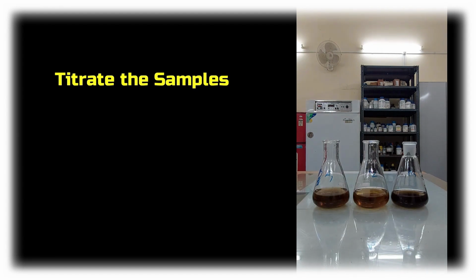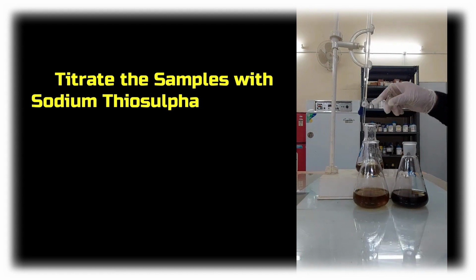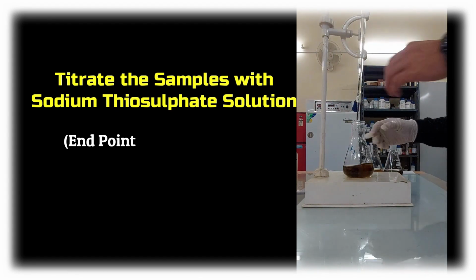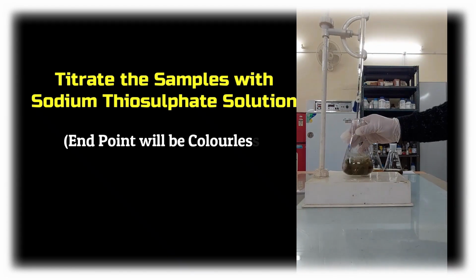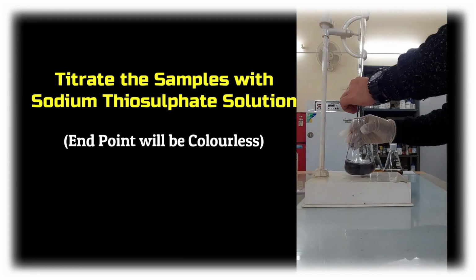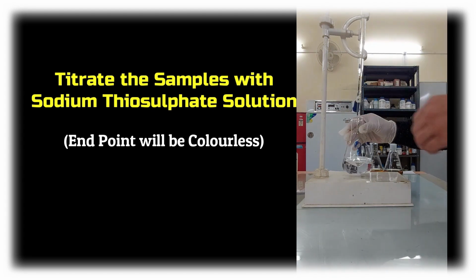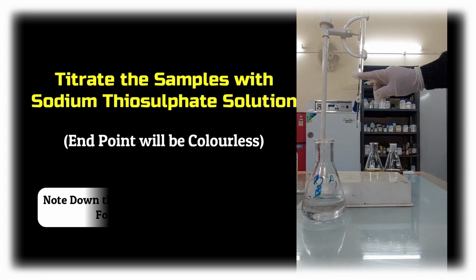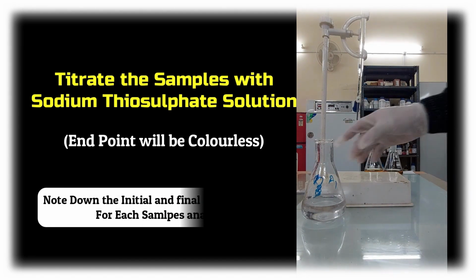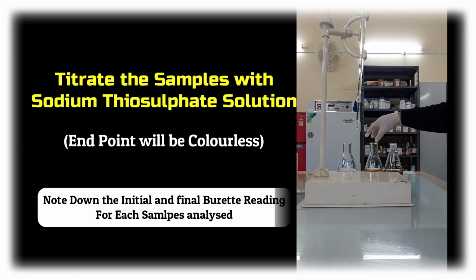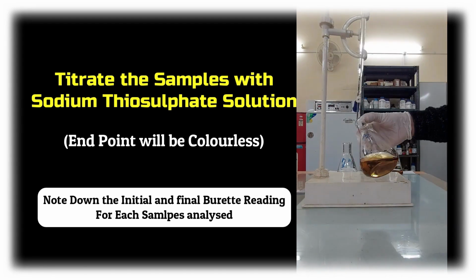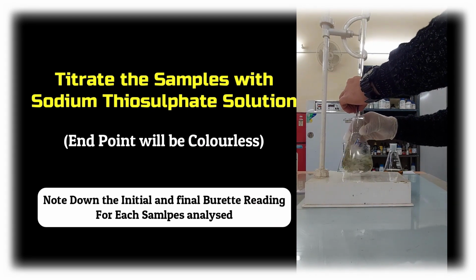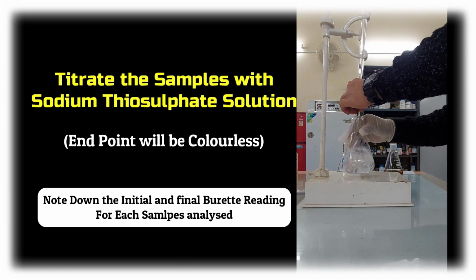Next, let us now titrate the samples in the conical flask with sodium thiosulfate solution. Titrate the solution till the endpoint is colorless. Note down the initial and final burette readings to know the exact volume of sodium thiosulfate required to titrate the solution. And repeat the same procedures for the other replicates and also for the rest of the other samples.